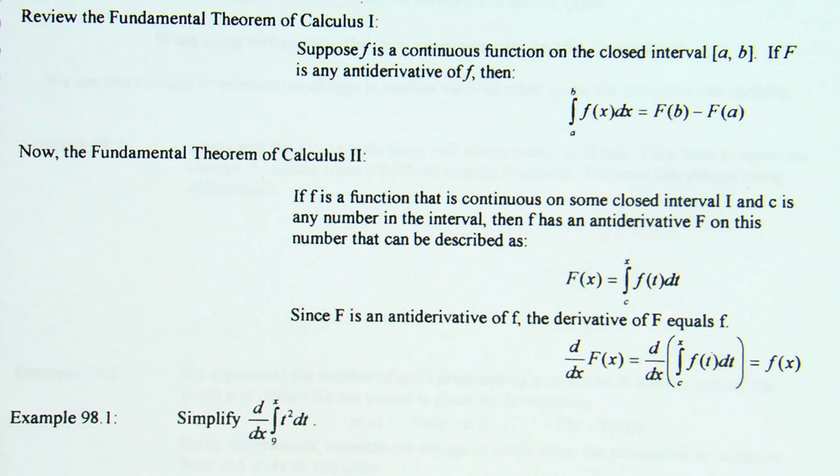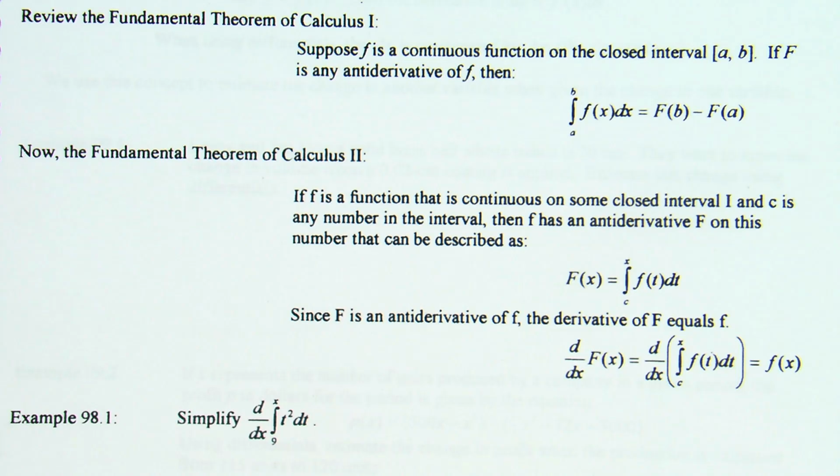So t squared evaluated at x is going to be x squared. Okay, so this is equal to x squared. And we know that by the fundamental theorem of calculus, part 2.